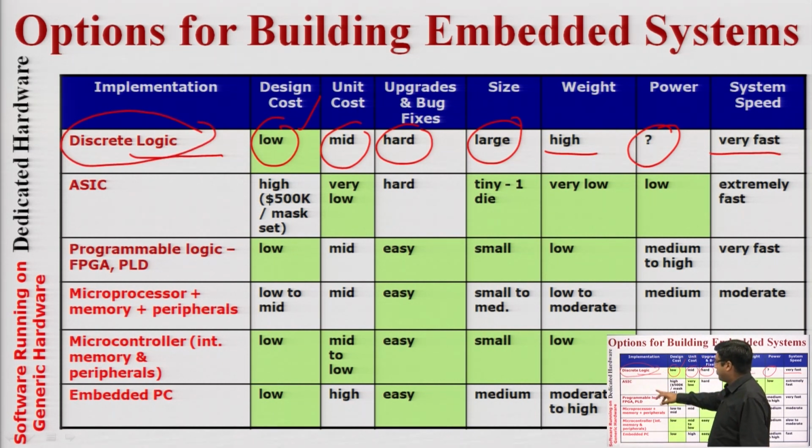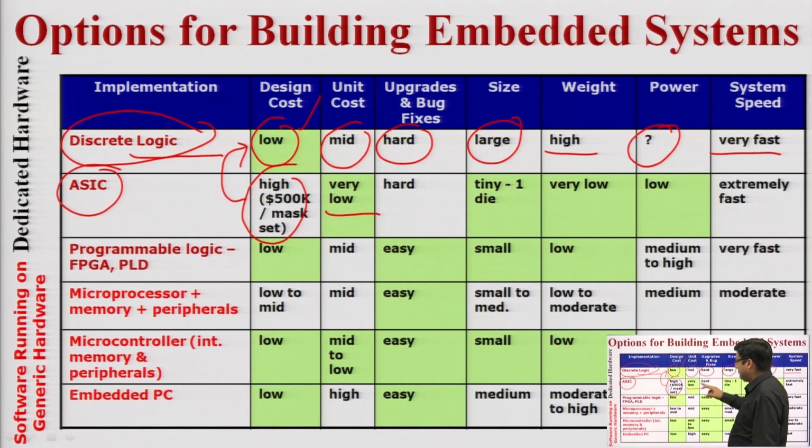Okay. If we are talking about the ASIC, application specific integrated circuits, the design cost will be high as compared to general systems. Unit cost is very low because we are using specific components according to the application.